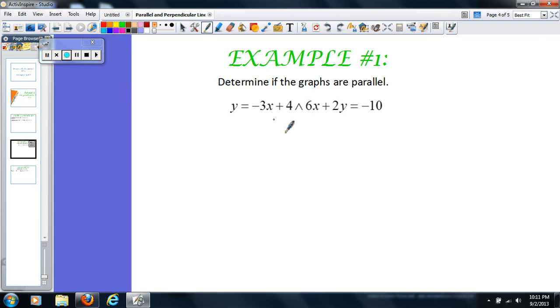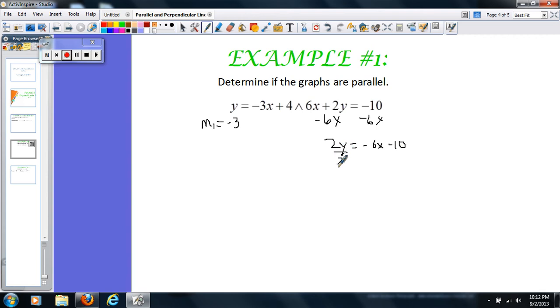Okay, so when you look at a graph like this, you have to determine if the lines are parallel. We're going to determine if they have the same slope. The slope for the first one, m1, is -3. For m2, I need to put this in slope-intercept form, so I'm going to start by subtracting 6x from both sides. I get 2y equals -6x minus 10.